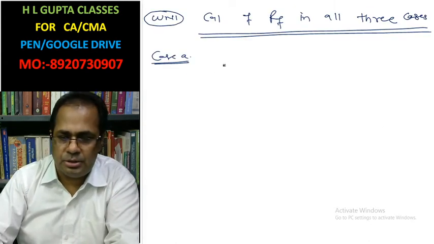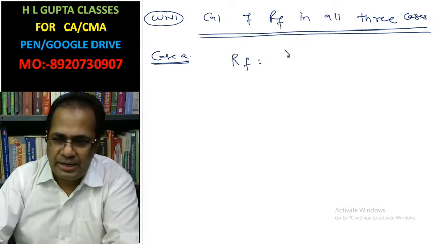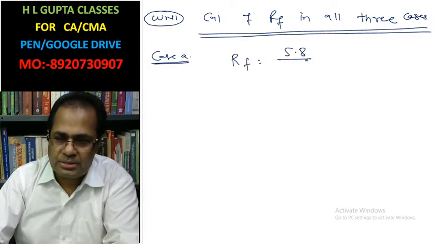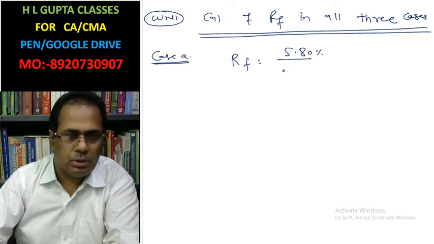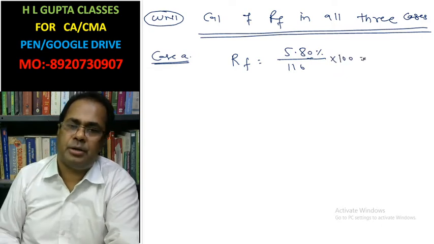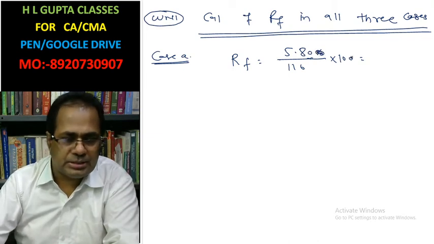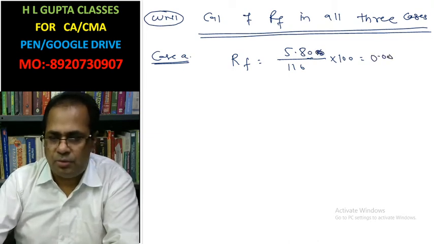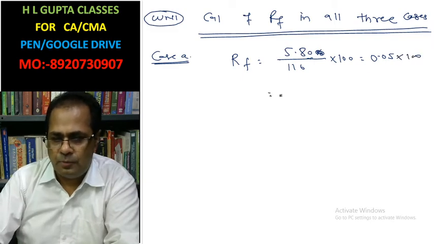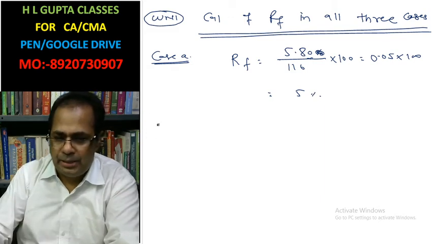Risk-free rate of return in this case is 5.80 on an investment of 116, so for 100 it is 0.05 into 100, that is 5%.